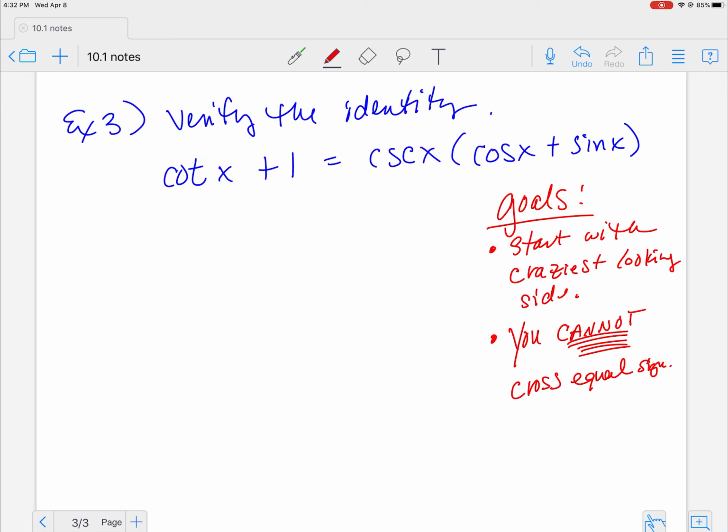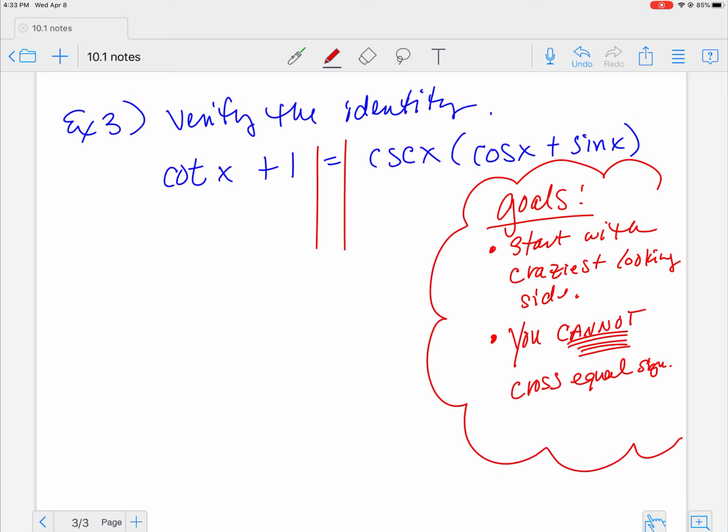Okay. Oh, here's another biggie. You cannot cross the equal sign. You're not solving anything. You cannot add or subtract, multiply or divide anything across those equal signs. You have to keep this as a brick wall. You cannot cross that. All right? That's a big deal.